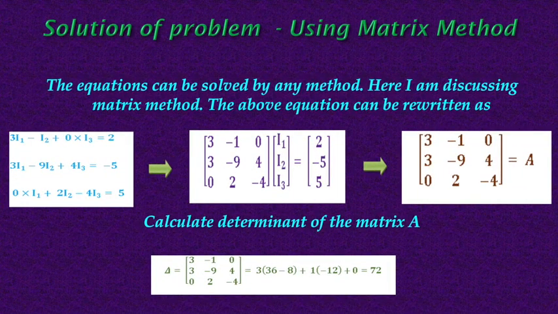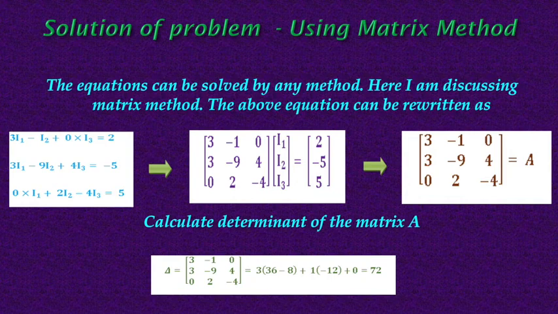The same example, solving these equations using the matrix method. The equations can be solved by any method. Here I am discussing the matrix method. The above equations can be rewritten as 3I1 minus I2 plus 0 into I3 equal to 2.